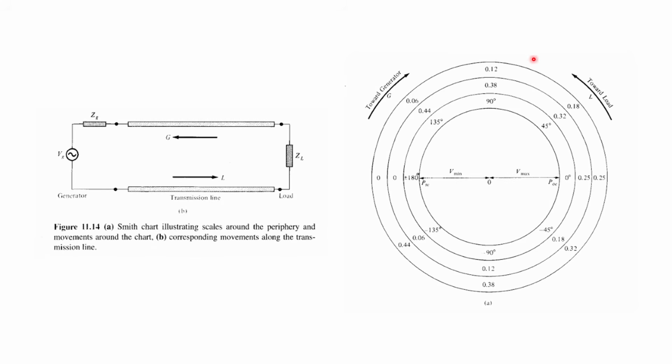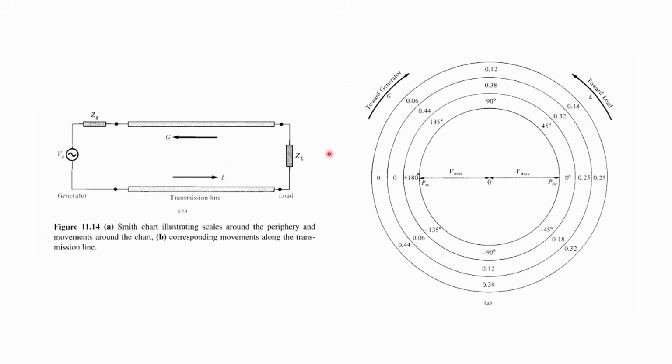You should also remember that your Smith chart is valid for lambda by 2 for 360 degrees, that is the length is lambda by 2. If you want to move further, then you can divide by lambda. This is for towards the load and towards the generator. Here is your load and here is your generator.